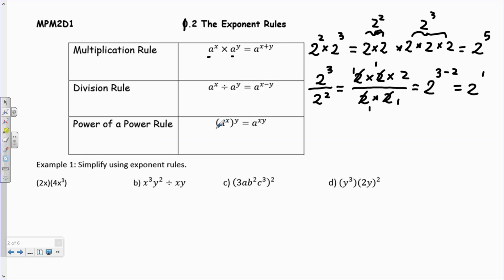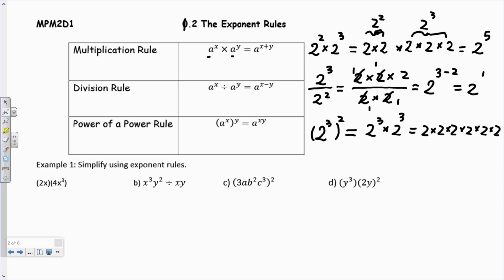And the power of a power rule. I will give you one example: 2 cubed, then squared. This is power of a power. The squared means the base, 2 cubed, times itself twice. We know that 2 cubed is 2 times 2 times 2, and another 2 cubed is 2 times 2 times 2.